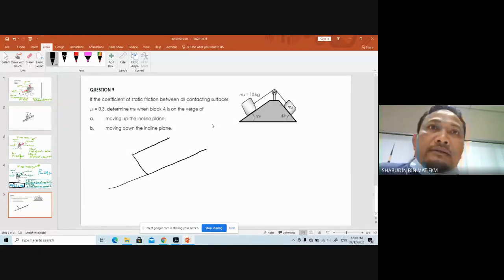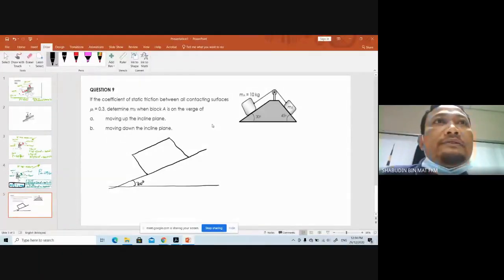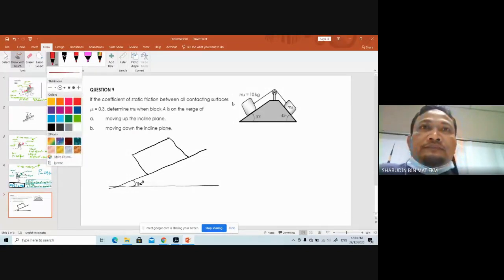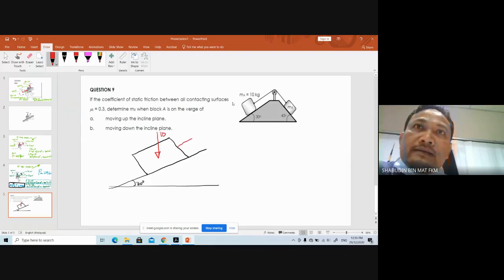There is 30 degrees. What are the forces acting on that particular structure here? You have the unknown T. You need to connect this tension, because that cable is attached to mass M and mass B all together.